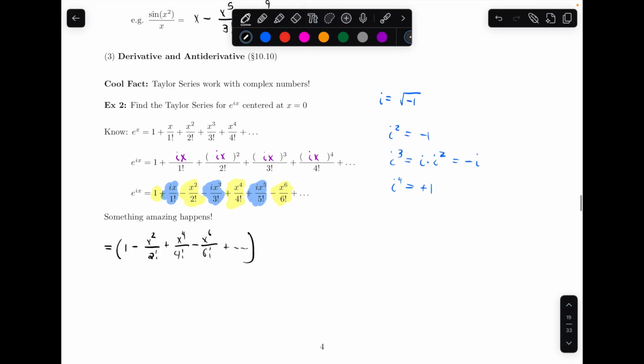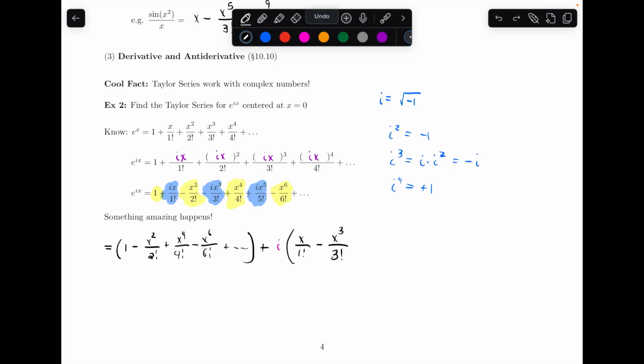Then with all the terms that have an i, what I'm going to do first is factor the i out, and then I'll put a parentheses. What's left over from this first term is just x over 1 factorial. From this next term, I'll get minus x cubed over 3 factorial.